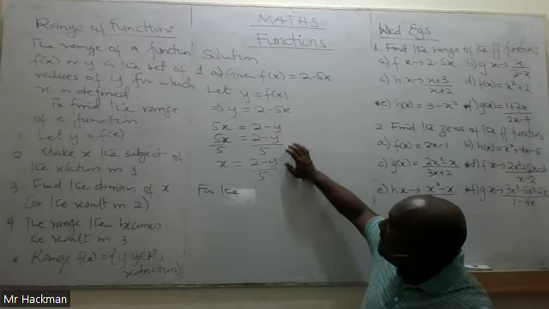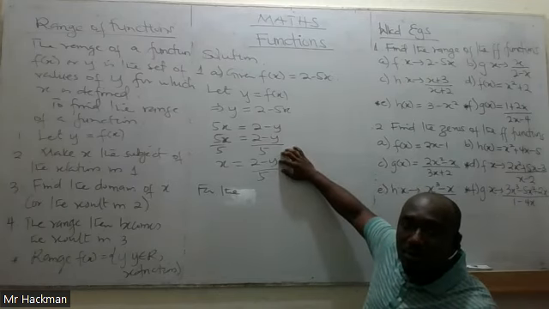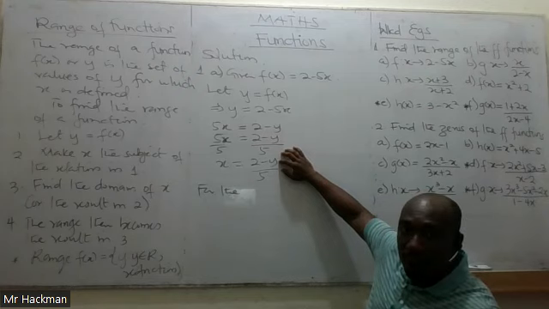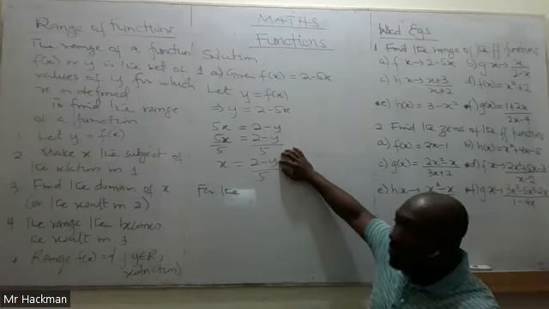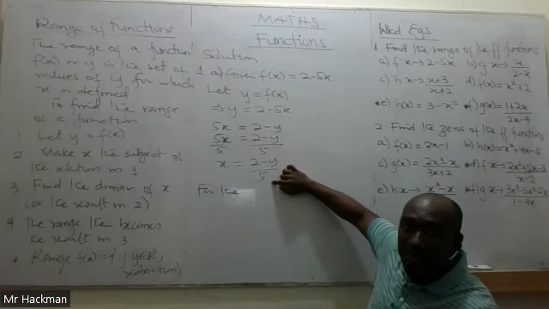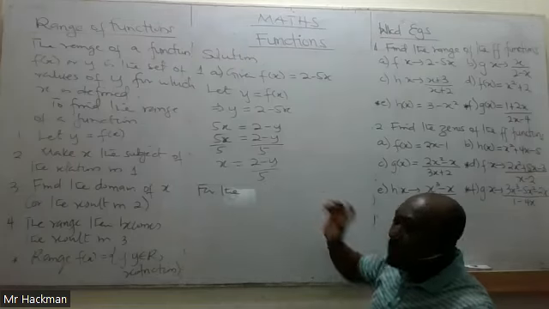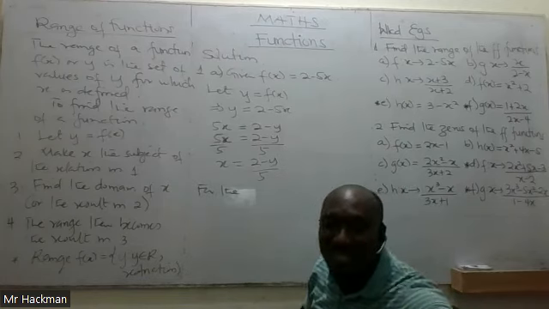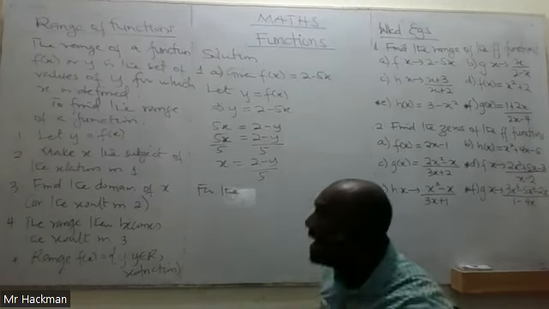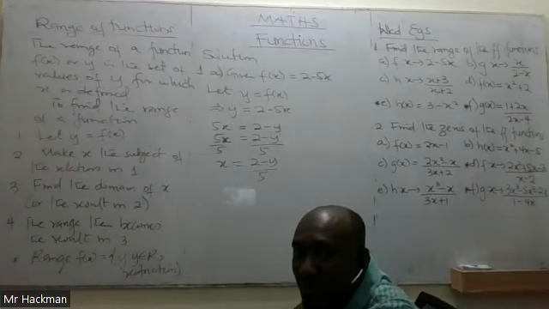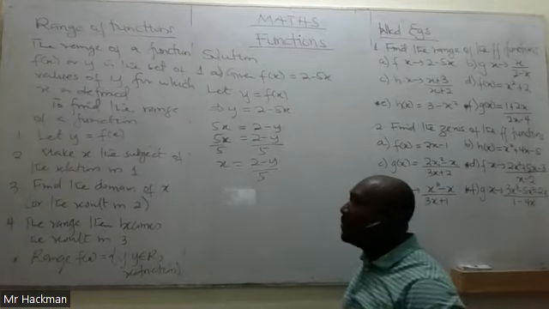In this case, you have a variable in the numerator. Do we have restrictions? No. The denominator, do we have restrictions? No, we don't have a restriction because there is no variable. So you don't have to go and find one before you conclude.